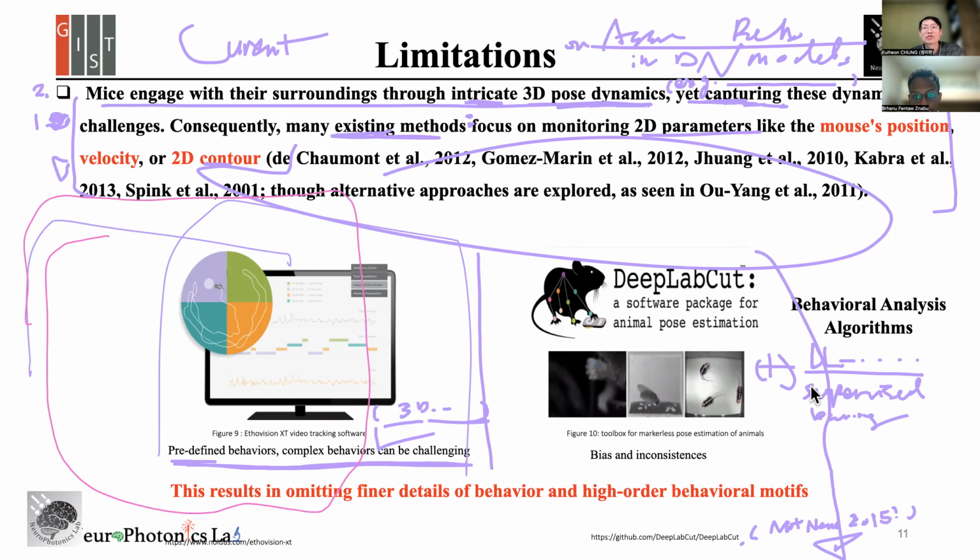But this one is supervised learning. And did you find anything like a diabetic neuropathy model using DeepLabCut? I didn't find DeepLabCut used for a diabetic neuropathy model, but for another disease, like autism.